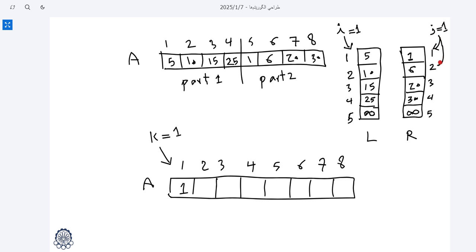So j is increased by 1 and now j is 2. And also the index of array A is increased.